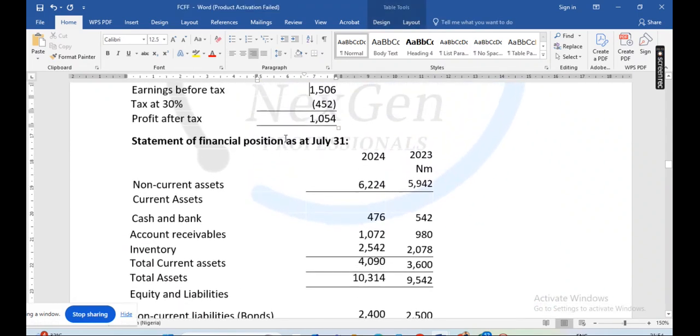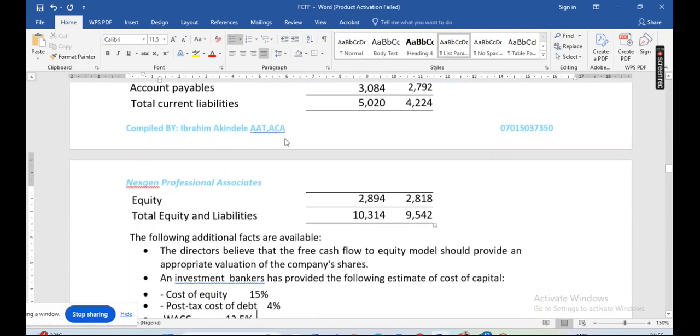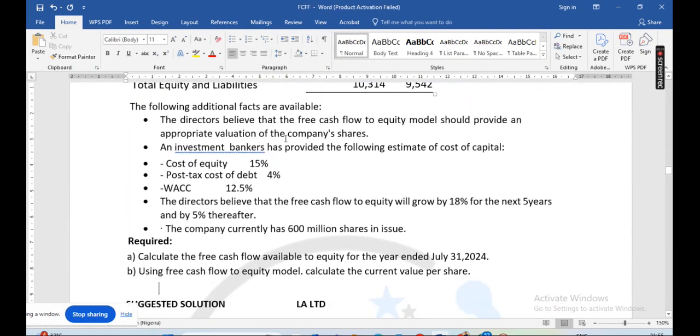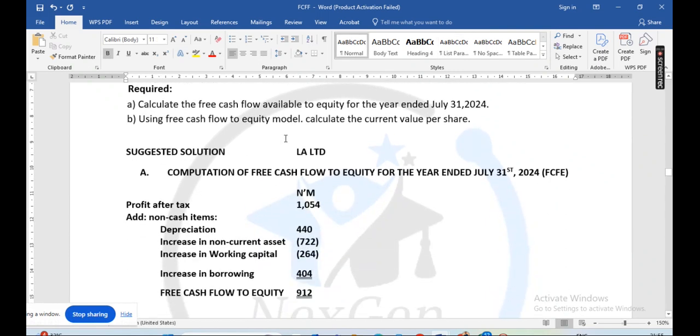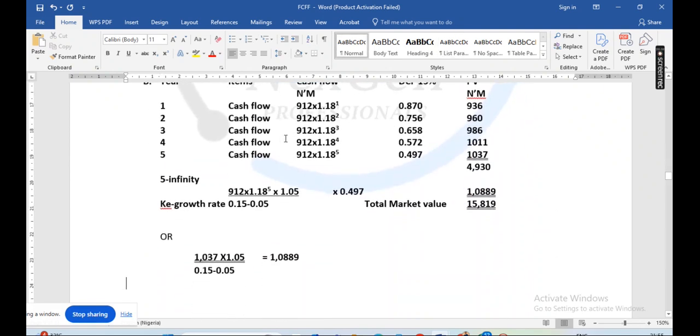Sometimes it may be given under your ordinary shares, but in this question, we're given that the company currently has 600 million shares in issue, and the question says, calculate the current value per share. Now, we've gotten the total market value, is that not so?